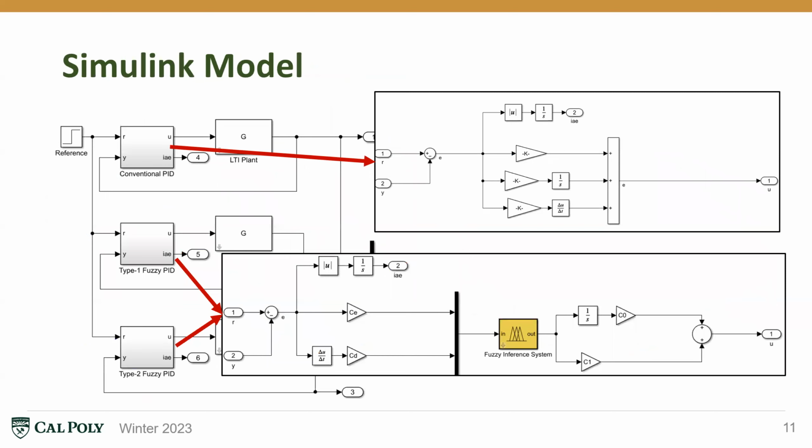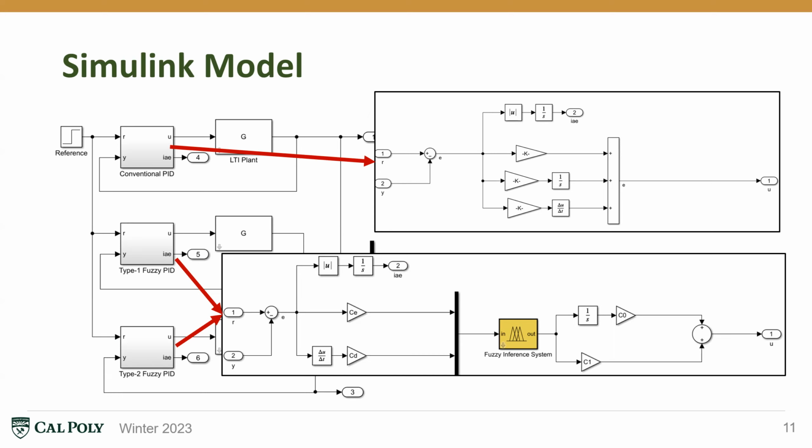So here's the Simulink model that we have, and we compare 3 controllers. The first one is a conventional PID, and we have the gains tuned by the MATLAB built-in function. It's pretty simple: the proportional gain, integration gain, and derivative gain. The next 2 are the type 1 and type 2 fuzzy PID.